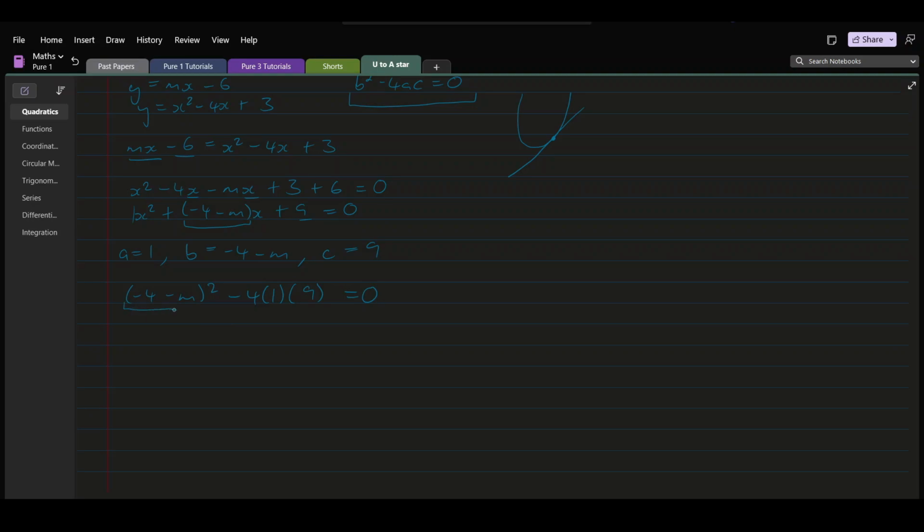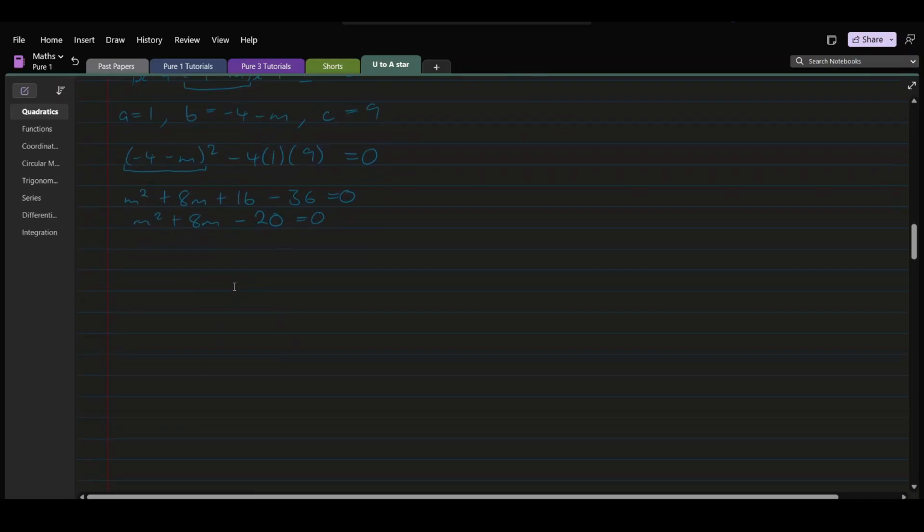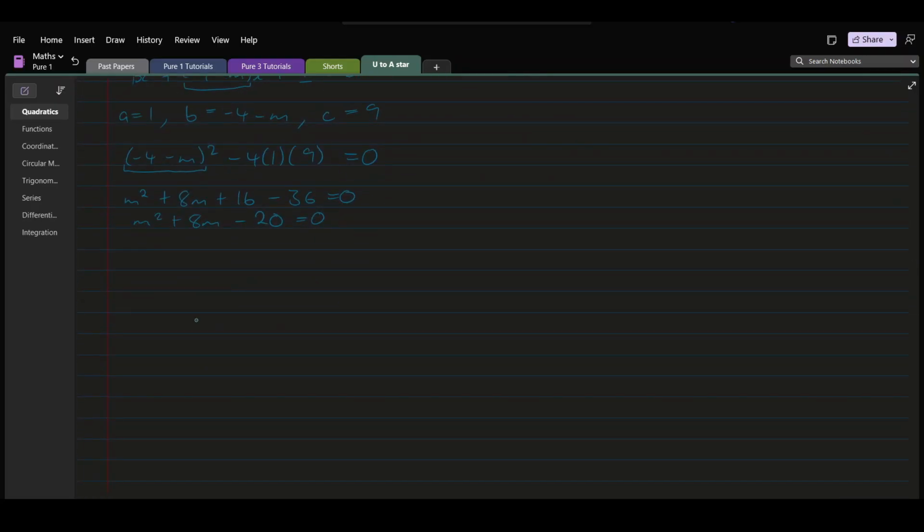Let's expand our quadratic here. So that becomes m squared plus 8m plus 16 minus 4 times 1 times 9, which gives us 36, and this is equal to 0. So this is m squared plus 8m minus 20, and this is equal to 0. Now we have a quadratic equation. Let's see if we can solve this by factorization.